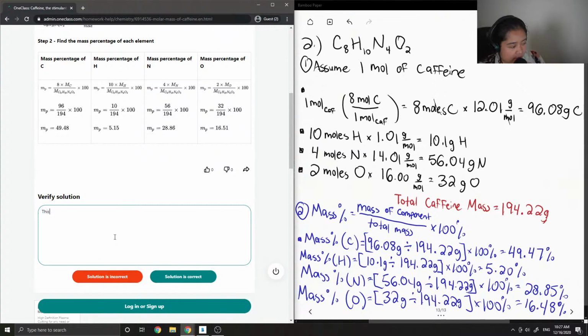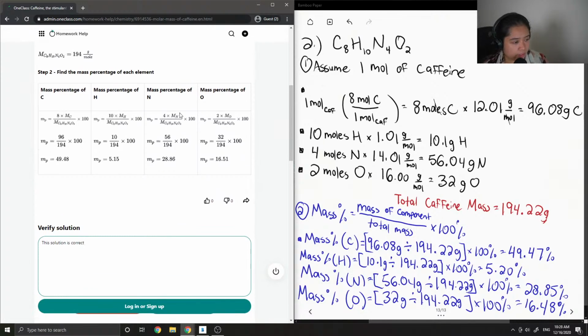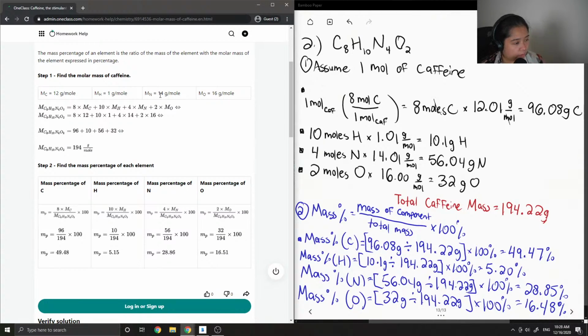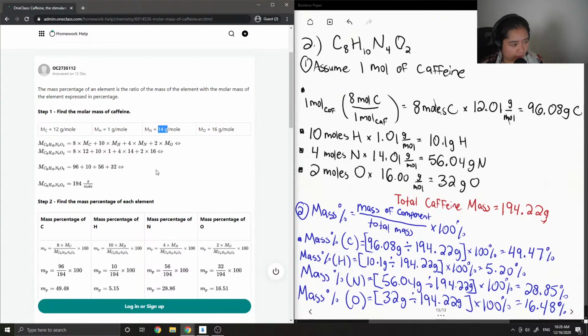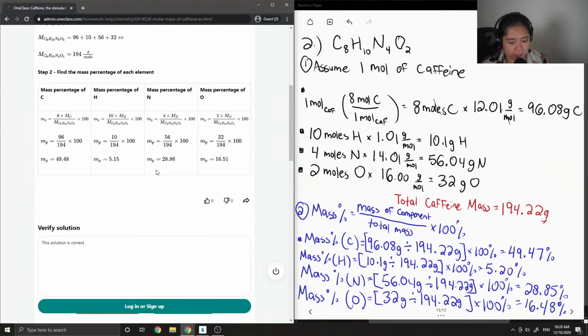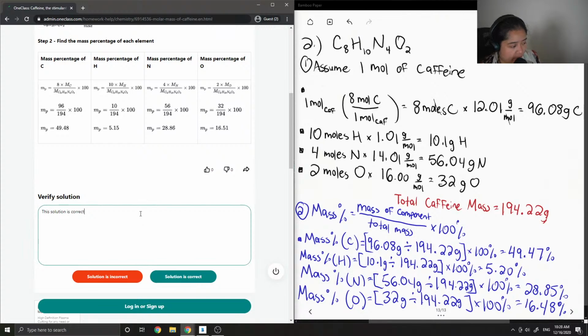Yep, so this solution is correct. They got 49.48. The values are slightly different than mine because they used fewer significant figures for their atomic masses. Instead of 14.01, they just rounded it to 14. But they pretty much got the same values, 28.86, 16.51.